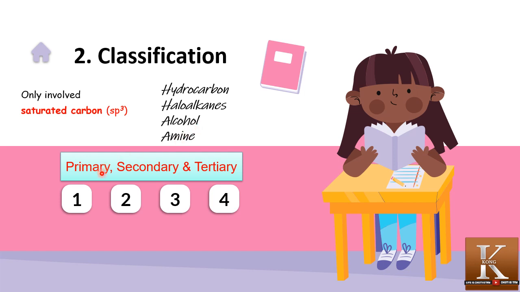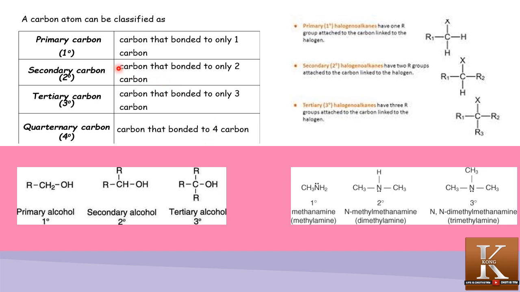So normally it involves primary, secondary, or tertiary. Only hydrocarbon involves quaternary, the rest just primary, secondary, and tertiary. So for example, if one carbon is attached to a carbon, we call it primary carbon, and so on. Same for haloalkane. The R actually is the alkyl group, meaning the compound with the carbon. So this is primary. If there are 2 alkyl groups, secondary. X actually is a symbol for halogen.